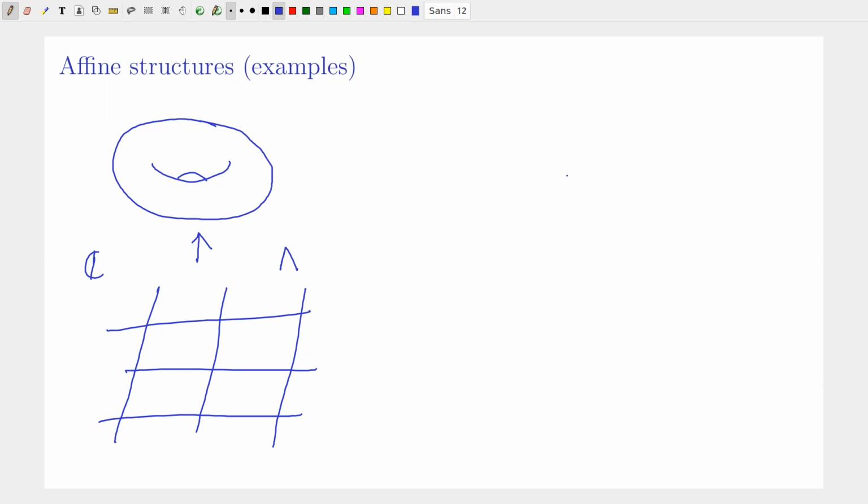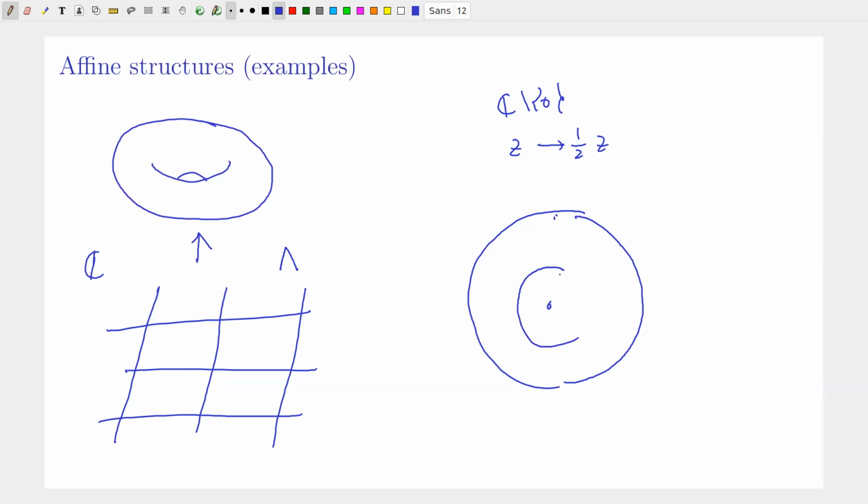And there are other examples. Say, in C minus 0, you take the map z goes to z over 2. If you remove the origin, then you have a fundamental domain for this action, the annulus, say with exterior radius 2 and interior radius 1, and you identify the two boundary components of this fundamental domain by an affine transformation.